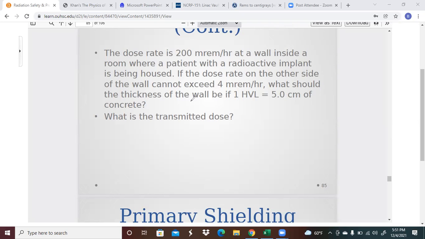We are looking to take 200 millirem per hour, and we're going to multiply that by some factor.